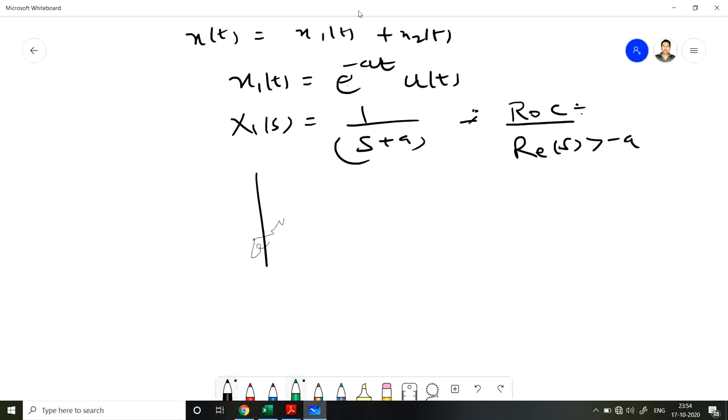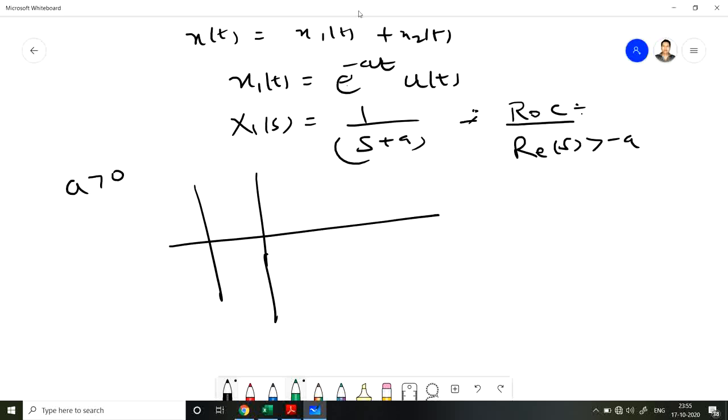Sorry for that, there is some problem. If we consider a greater than 0, what should that graph be? What should be the ROC?